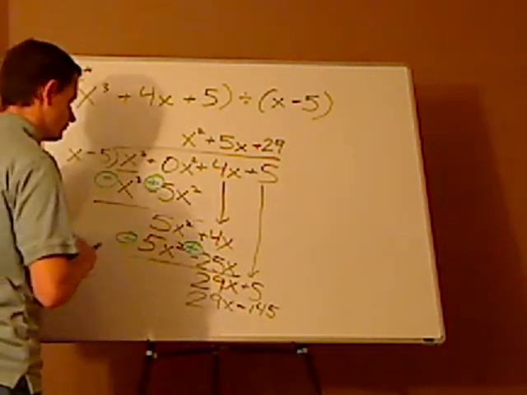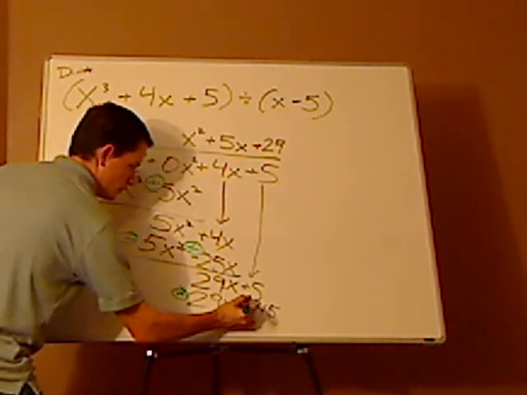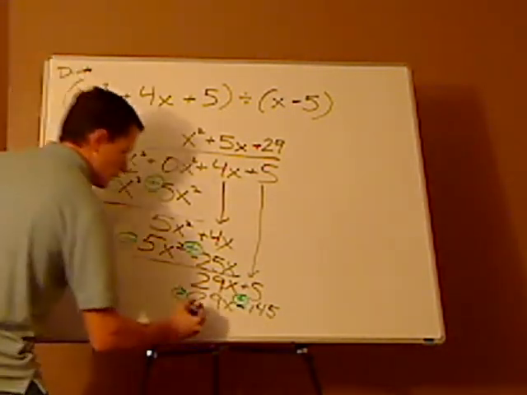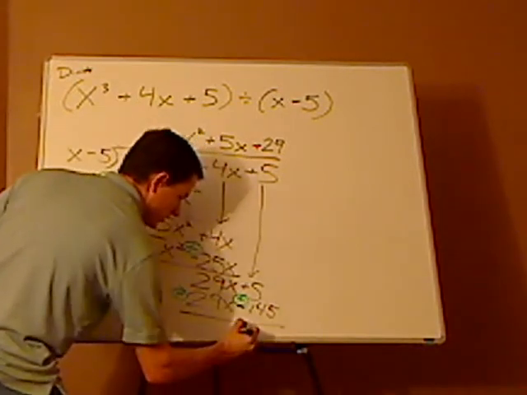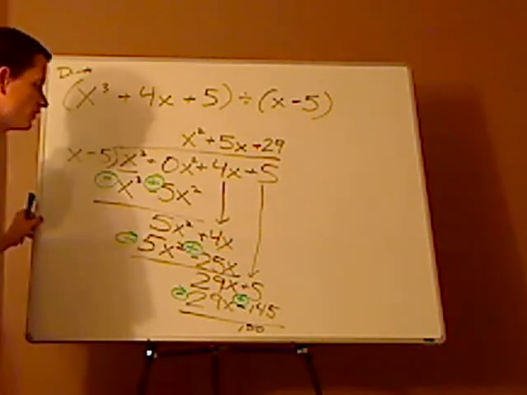Then you again distribute the negative sign. So you have a negative and then a plus. That gives you a remainder of 150 when you add those two together.